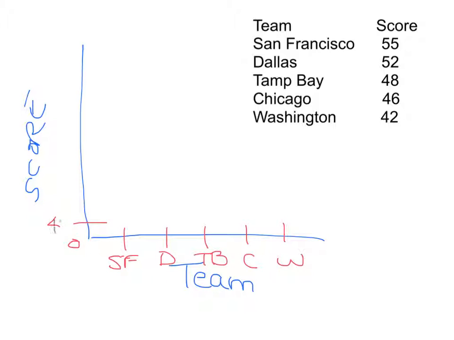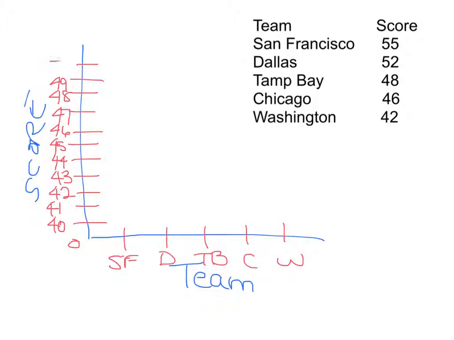So I'm going to have 40, 41, 42, 45, 46, 47, 49, 51, 52, 53, 54, and we'll just stop at 55 since that's kind of our last number.